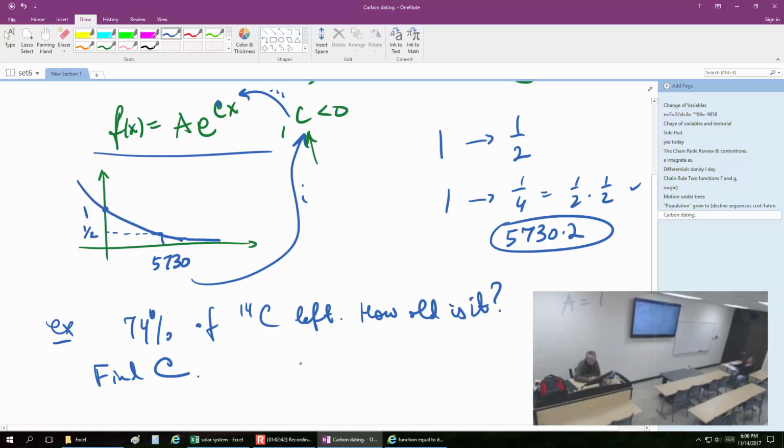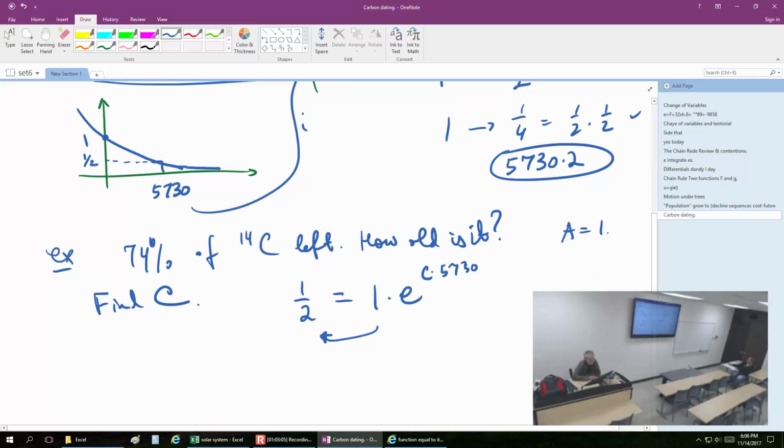I'm using half-life 5730: 1/2 is equal to 1 times e^(C·5730). So x is equal to 5730, the length of time, and this is the drop from 1 to 1/2. So how do we find C?